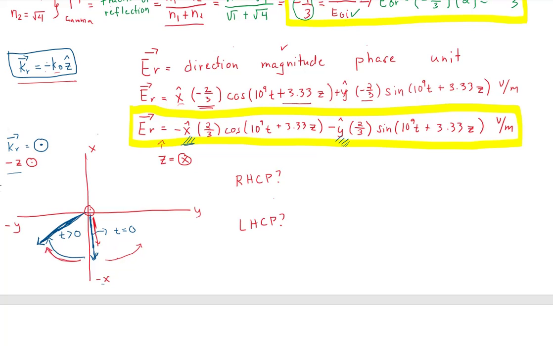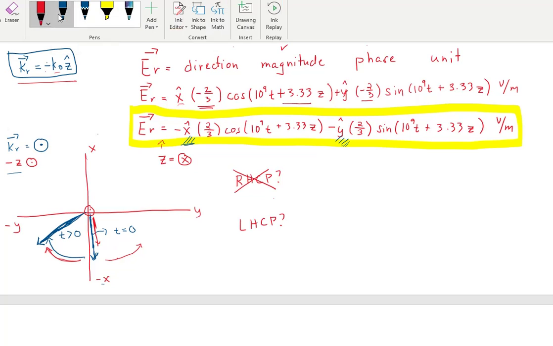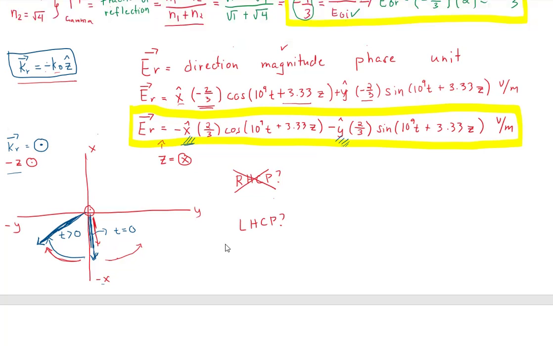So once again, I'm wrong. But the good thing is we found out that it's not right hand circular polarization, it is in fact left hand circular polarization, because if we use our left hand, stick our thumb out of the page, line our fingers over here along the negative x-axis, and then curl our fingers, it fits the profile perfectly.